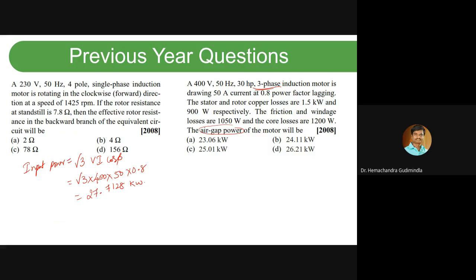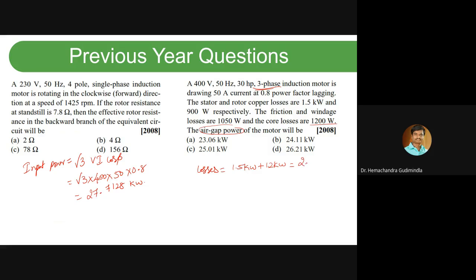Between the stator and rotor in the air gap, the losses are stator copper loss and the core losses, or we can say core losses due to stator and core losses due to rotor. So what are the losses? 1.5 kilowatt plus 1200 watts, that is 1.2 kilowatts.